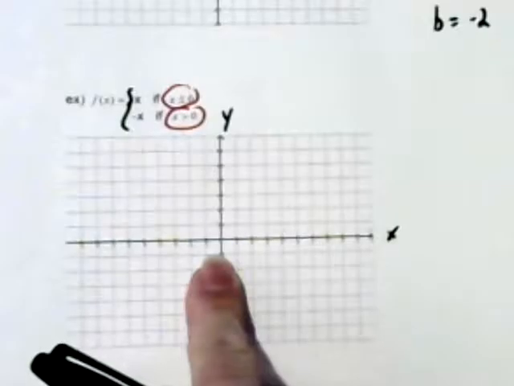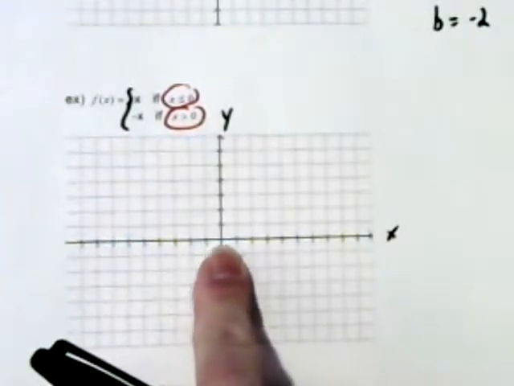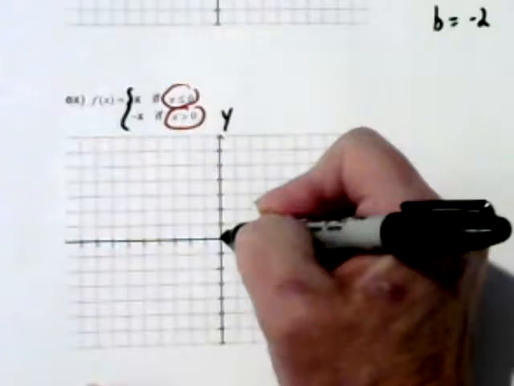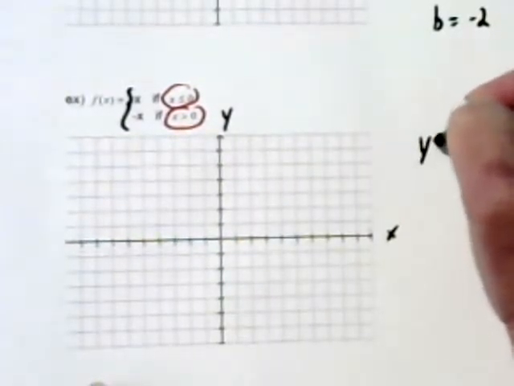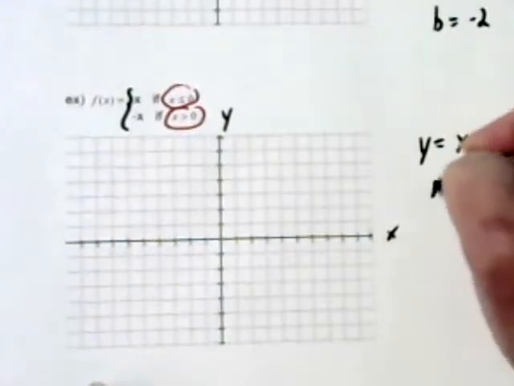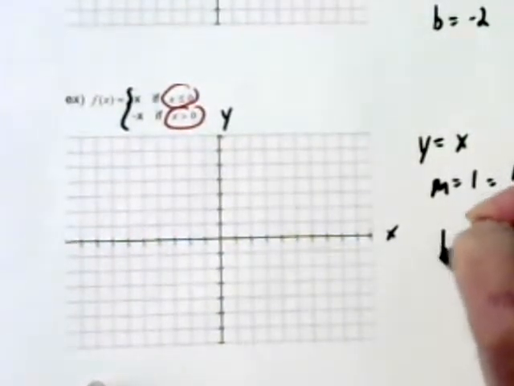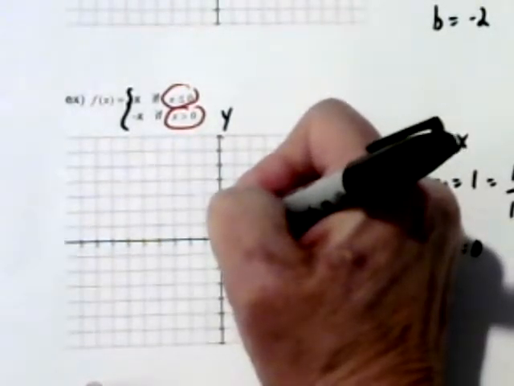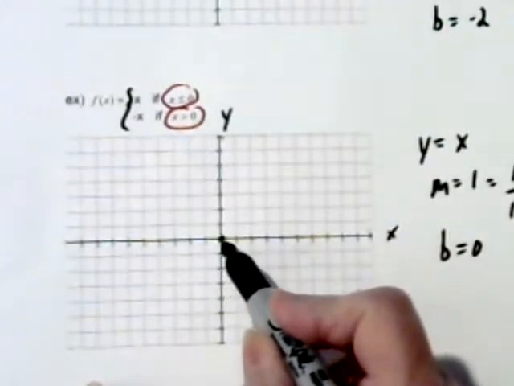So here, when x is less than or equal to 0, we have the straight line here, our x-intercept. Let's take a look. Y equals x. So our slope is 1, or 1 over 1, and our b is 0. So in this case, we would have our x-intercept, and now our slope is 1.